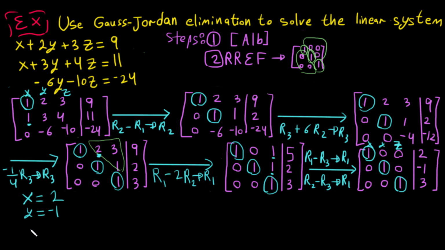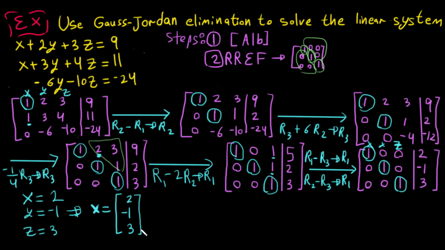Here it will be z equal 3. And of course we can write it as bold x, which is called the solution. It looks like this: 2, -1, 3.